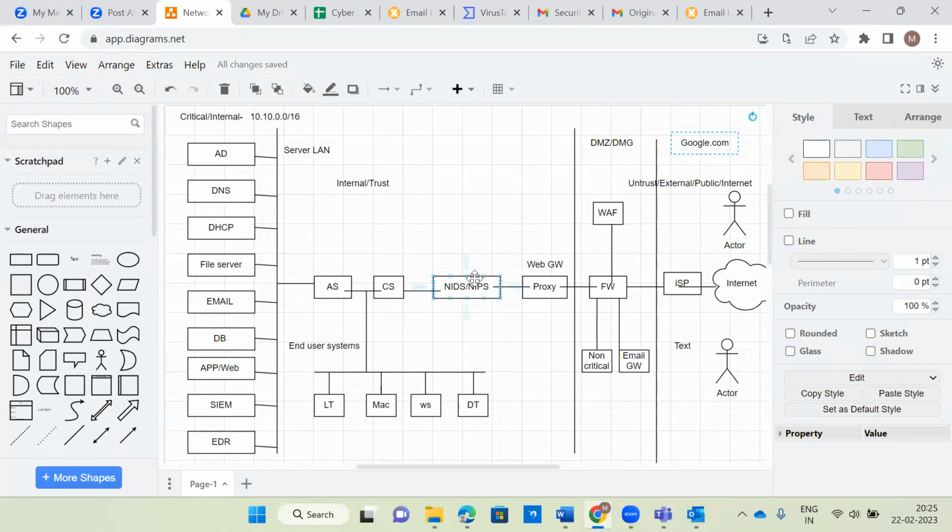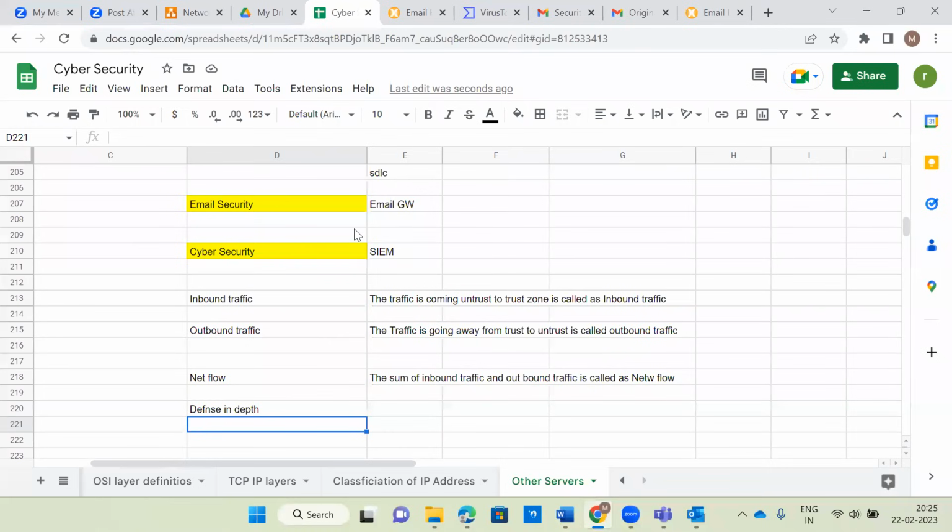If that is bypassed, the fourth layer, EDR, DLP, HIDS, HIPS or file integrity monitoring, will block it. So that layered approach is called defense in depth.